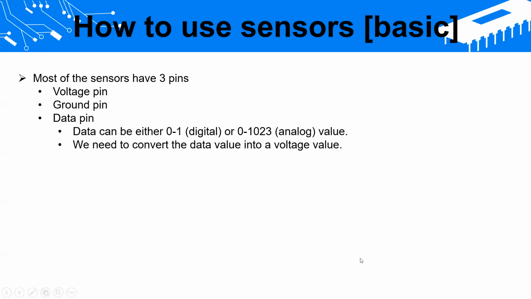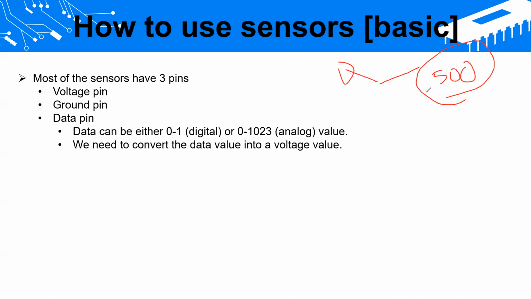Suppose we have some sensor, we plug it into the Arduino board, and then we read the value that pin gets. Suppose that value is 500. This is not a voltage, this is just a number.